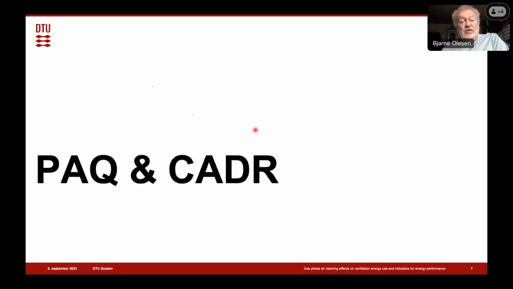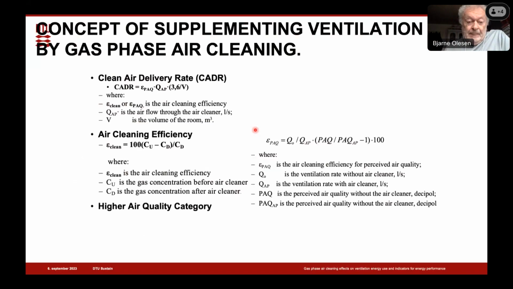And what we want to do with the air cleaner is find a value which we call the clean air delivery rate, which is comparable to the ventilation rate. And for this, we're using perceived air quality, PAQ. So we need to do a test to be able to find this clean air delivery rate.